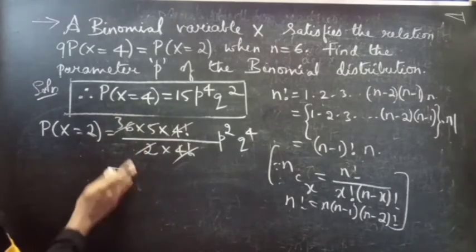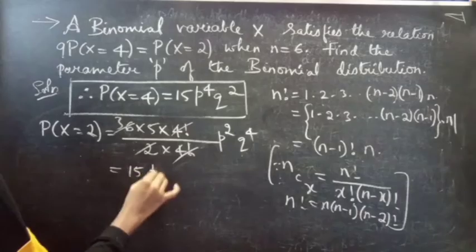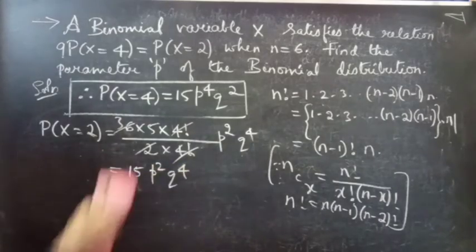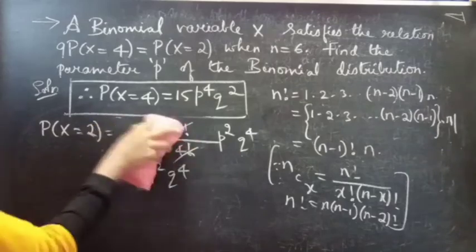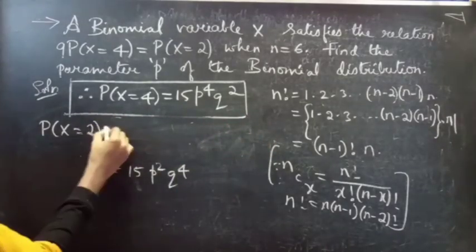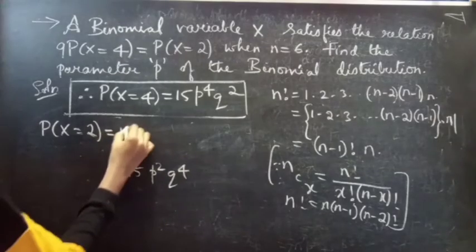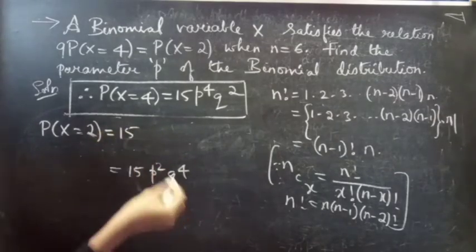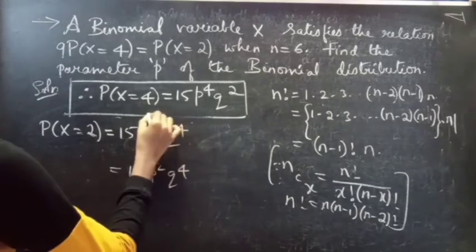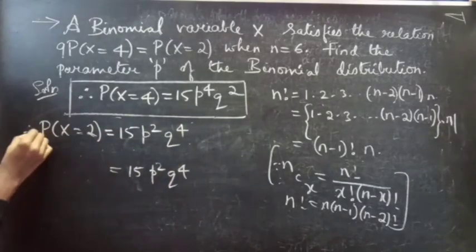So 3 5s are 15 p square q power 4. Therefore, probability of X equals 2 is equal to 15 p square into q power 4.